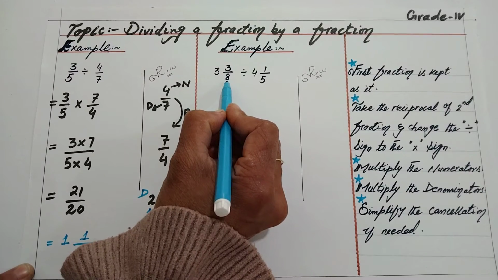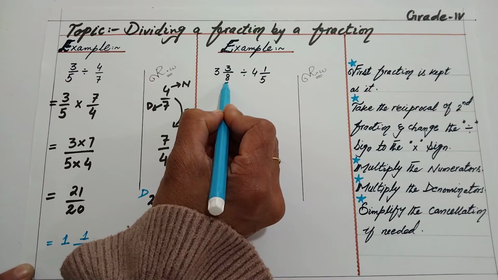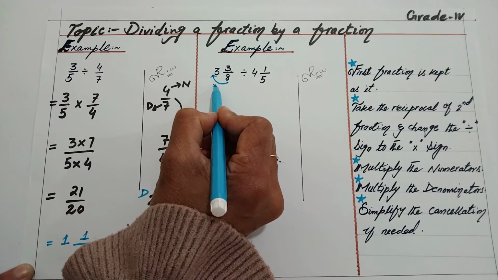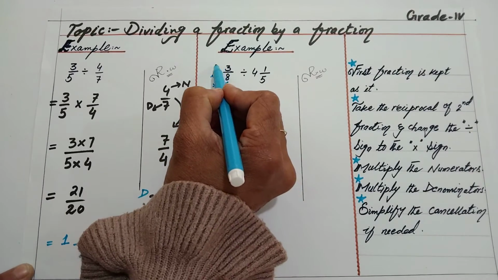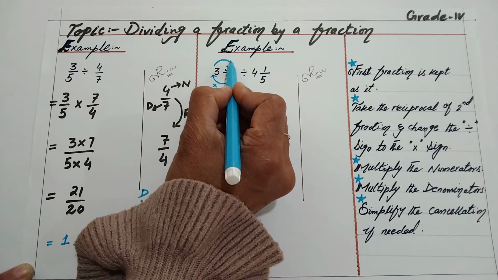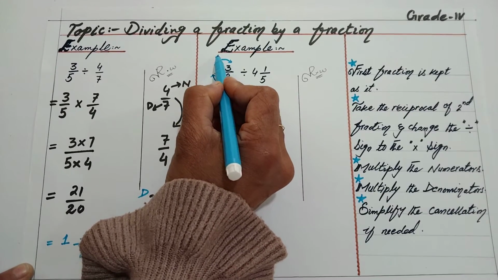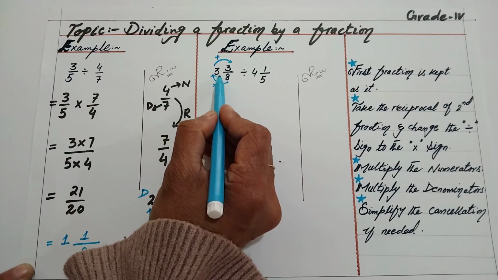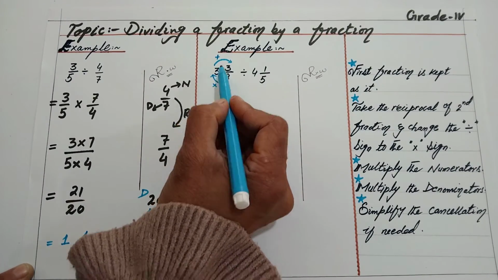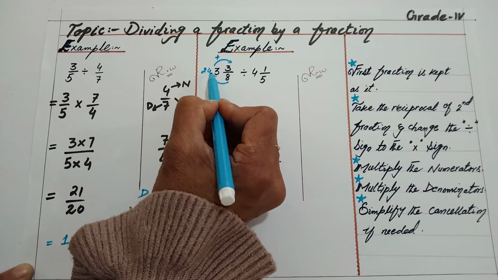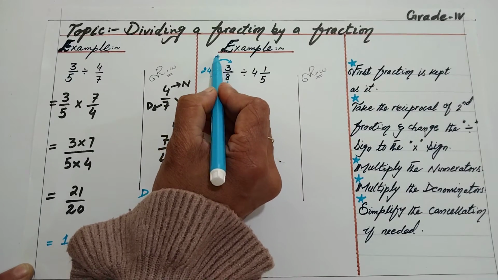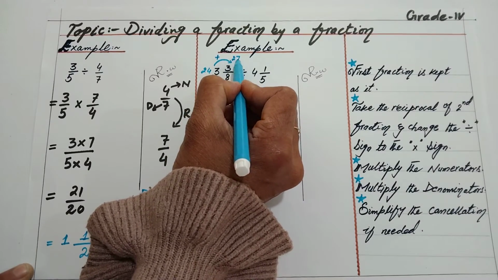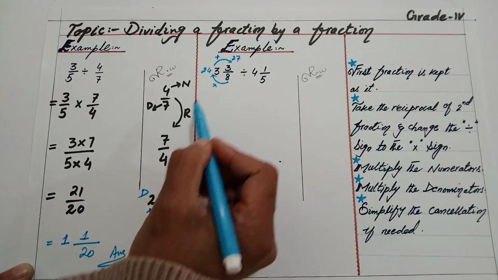To convert the mixed fraction into an improper fraction, we multiply the denominator by the whole number, and then we add the answer to the numerator. Clear? So 8 3s are 24. 24 plus 3 is equal to 27.